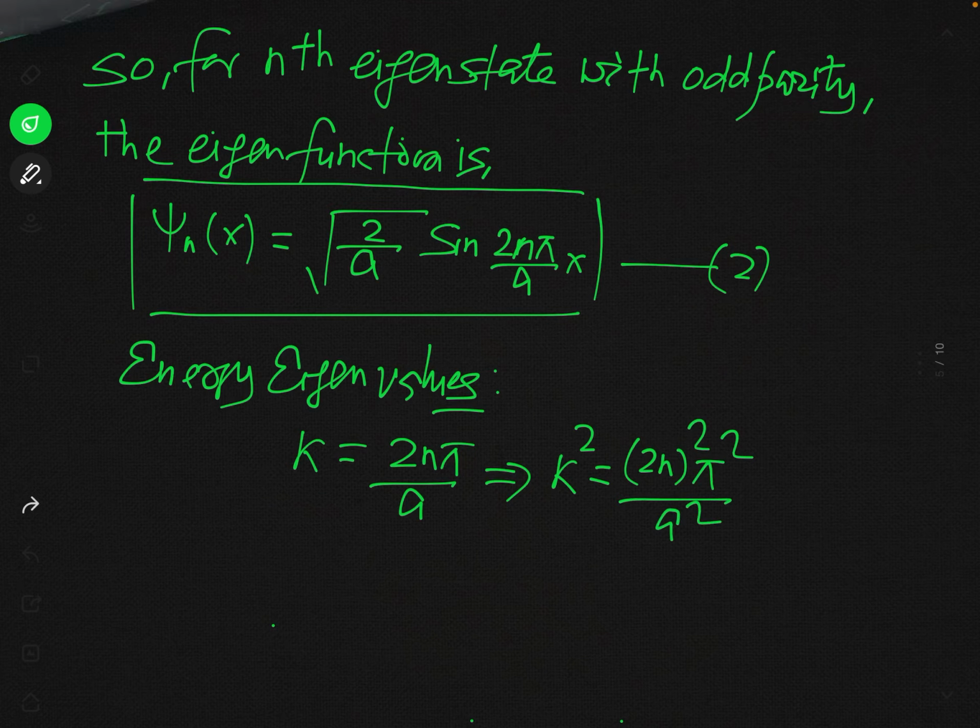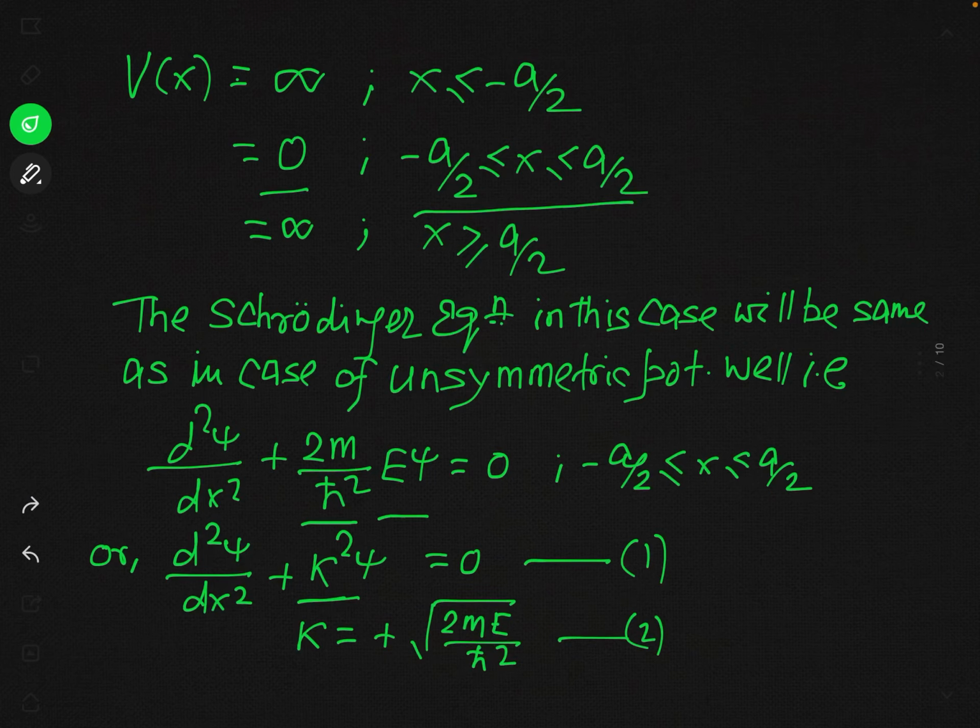While writing the Schrödinger equation, you have seen here that k square will be equal to 2mE over h bar square. Now as we are considering the nth eigenstate, so instead of E, we will write the energy eigenvalue En.